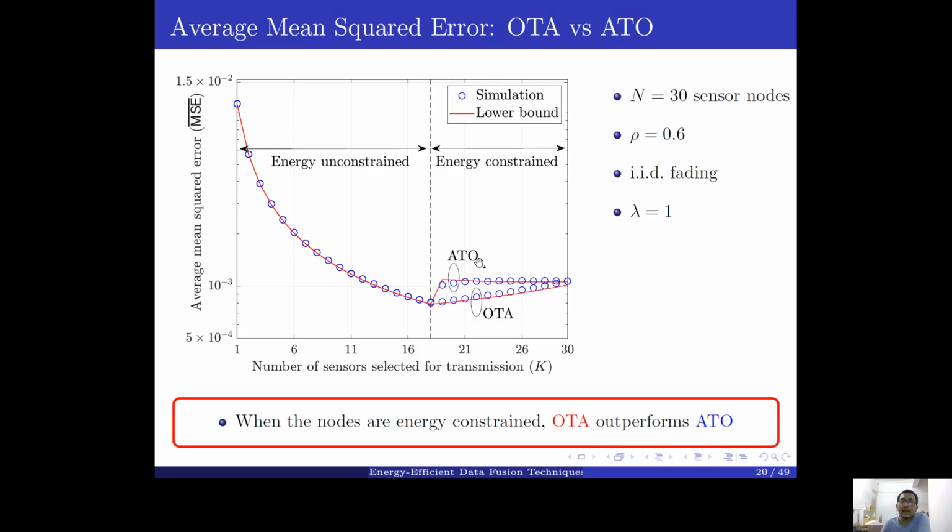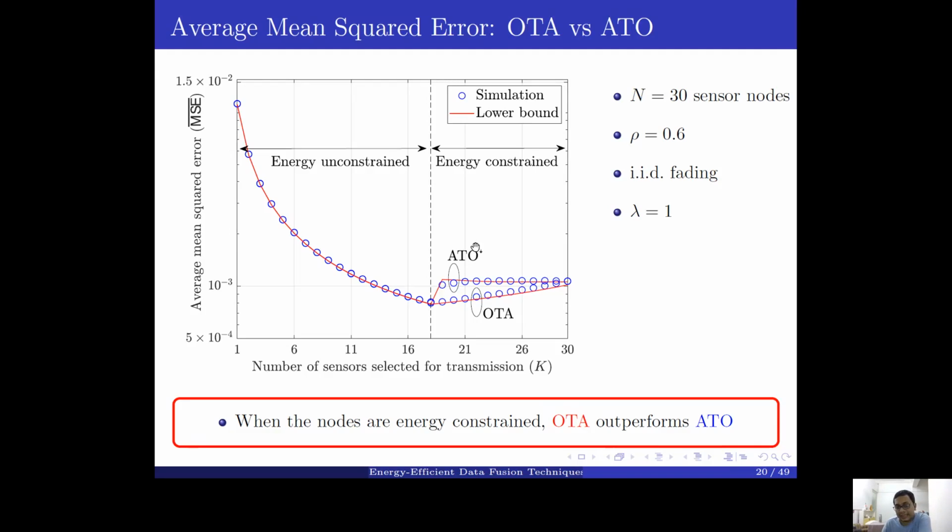This happens because when the nodes become energy constrained, the probability that a node is active is more for OTA than for ATO. This can be explained as follows. In ATO, only the active nodes are selected for transmission.